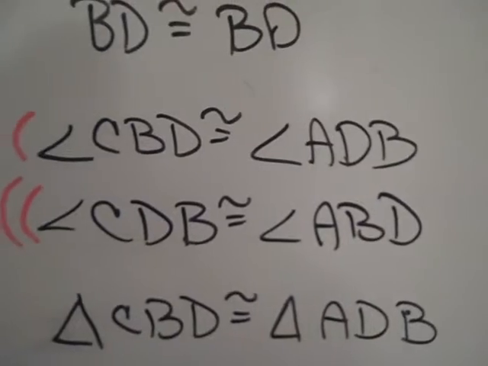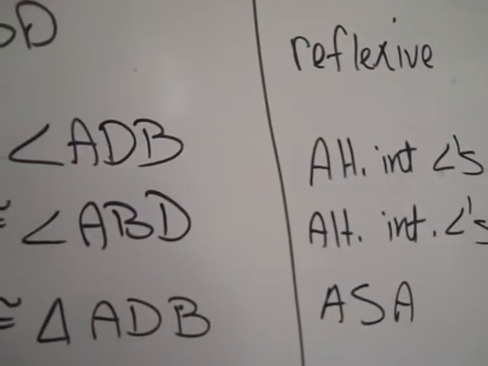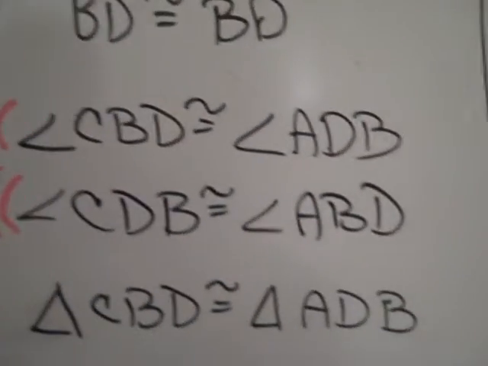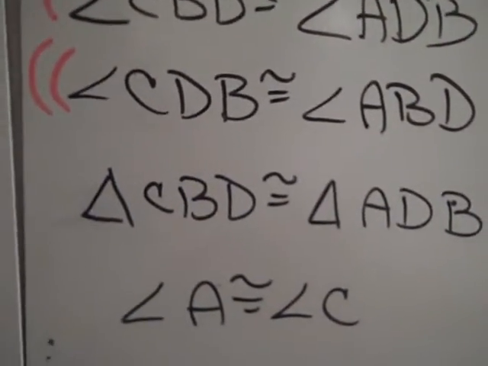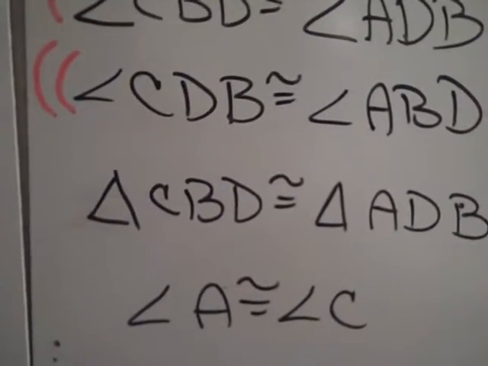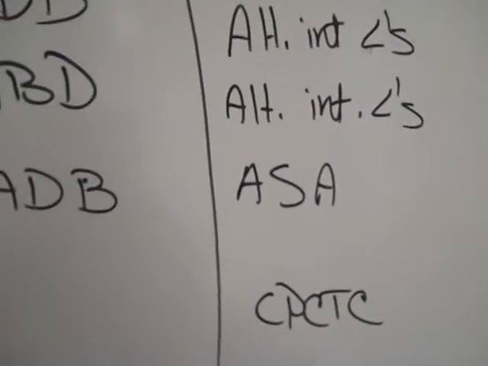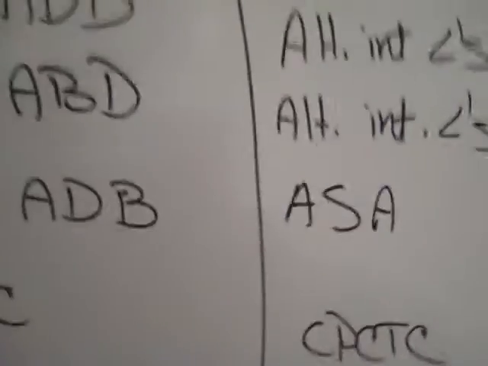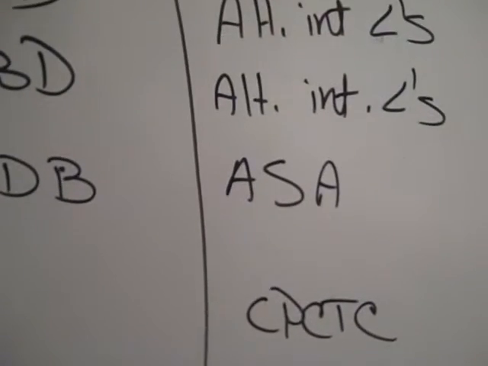So now we've proven that triangle CBD is congruent to triangle ADB by angle, side, angle. And the last line of our proof, as stated before, is going to be angle A is congruent to angle C. The reason for this is going to be CPCTC. Corresponding parts of congruent triangles are always congruent.